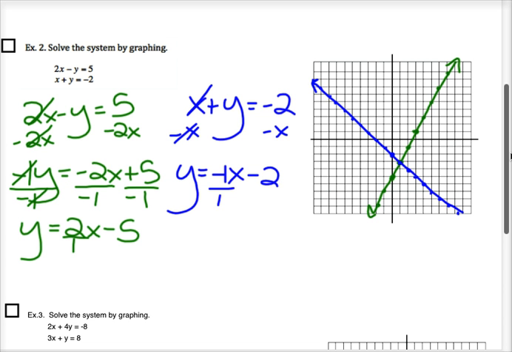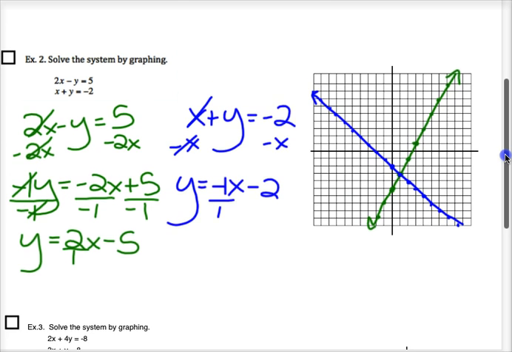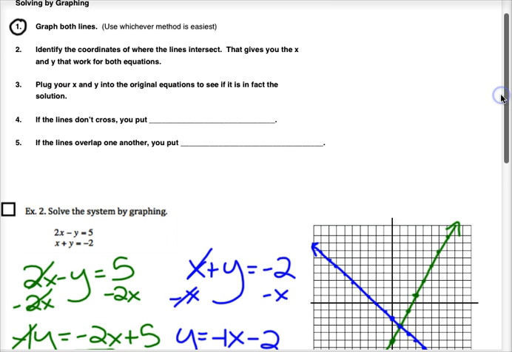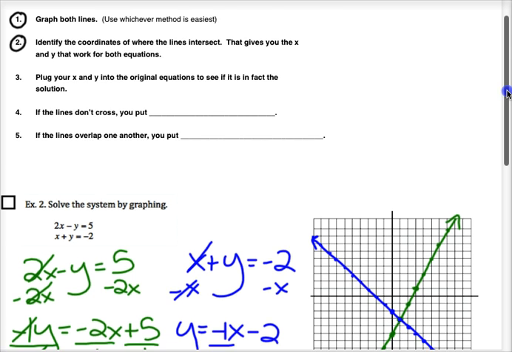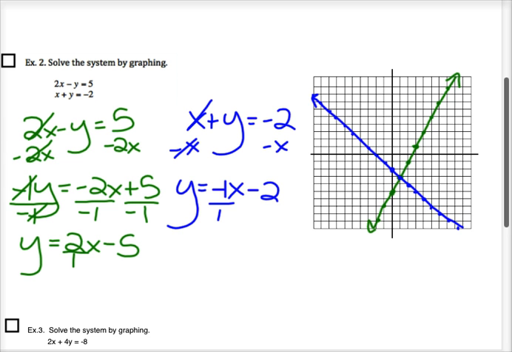So I've graphed both of my lines. Let's see what the next step is. So I'm going to look back up. Now we're on step 2: identify the coordinates of where they intersect. That gives you the x and y for both equations. All right, so scrolling back, my lines intersect right here at that red dot that I just made.